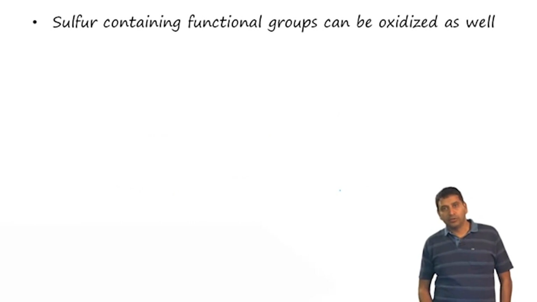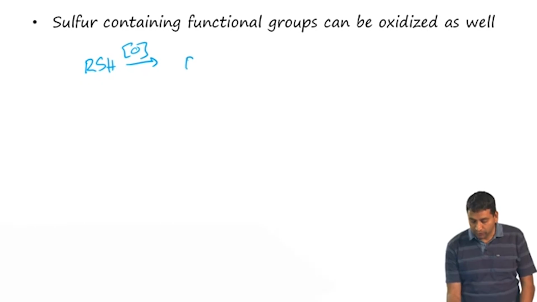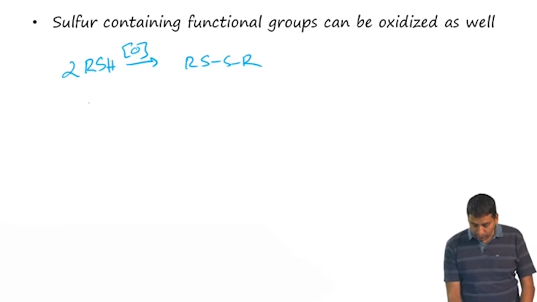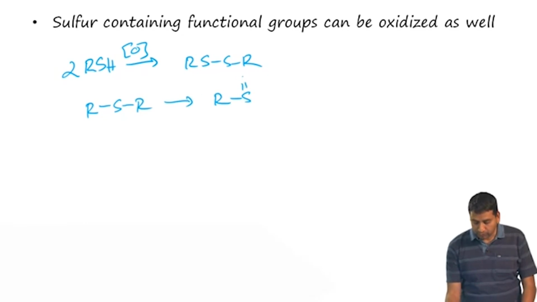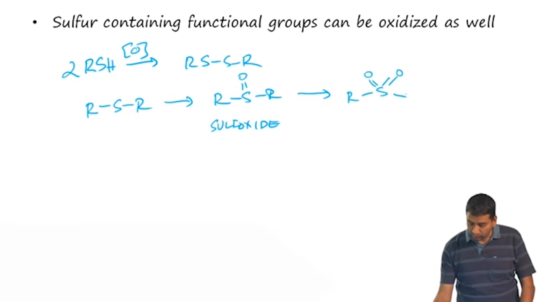Sulfur containing functional groups can also be oxidized. So, let us say you have a thiol, we have already looked at this. This can undergo oxidation to give you RSSR, which is basically a disulfide. You can also have thioether, which can give you RS double bond O, which is a sulfoxide, right, which can then subsequently be oxidized further to form R S double bond O R, which is basically a sulfone.